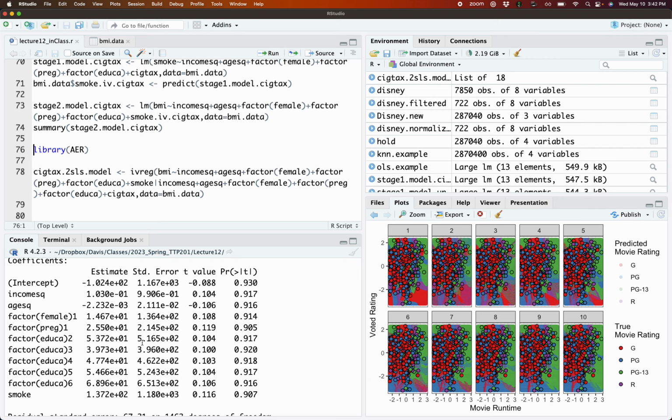Because you're basically saying, based on the information about the cigarette tax, I am predicting smoking outcomes, but I'm very, very uncertain about that, right? And we know that from the first stage. And because I'm uncertain about that, there's a large degree of uncertainty as it computes into the second stage, and that translates into your standard errors here. Okay.